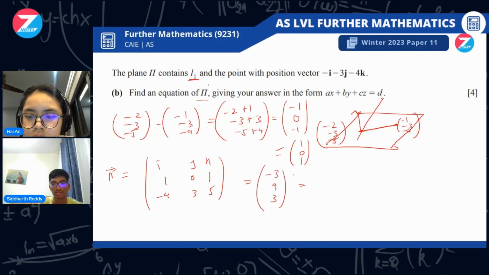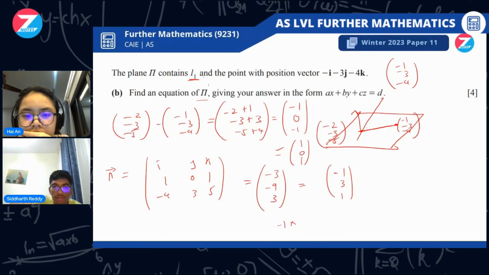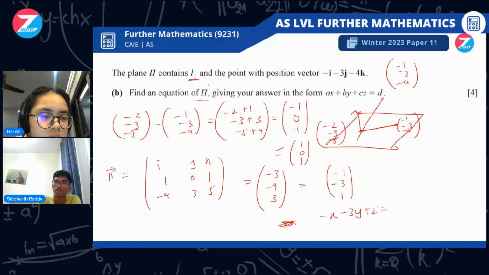And since we can cancel out all the 3's, it's just minus 1, 3, 1. So if we got this minus sign, so that's minus 3 times minus 9 times 3. Okay. So now that we found the normal vector, we can just write minus x minus 3y plus z is equal to this thing dot product of this.